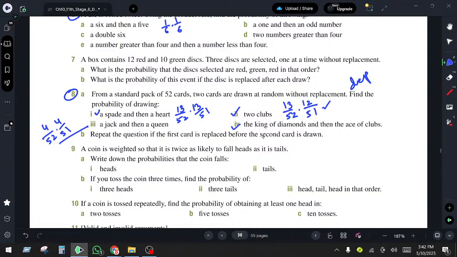King of diamonds means 1 over 52, and then ace means 1 over 51, because there is no contradiction. If the contradiction is there, the numerator also reduces. If there is no conflict, then you have to keep your numerator. Most important, it's the logic to it. Okay.